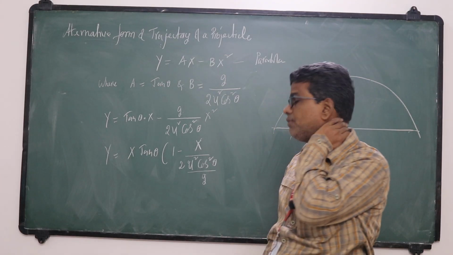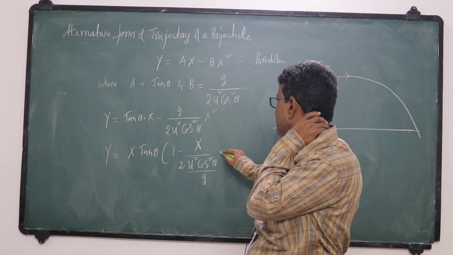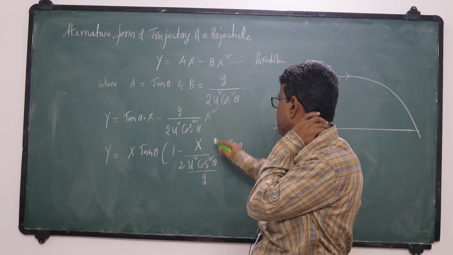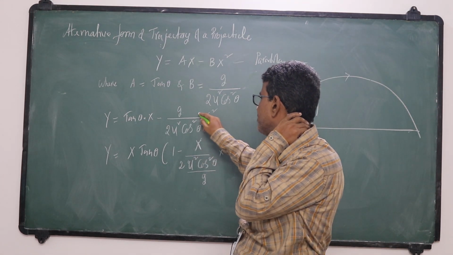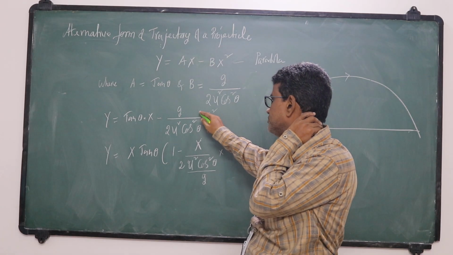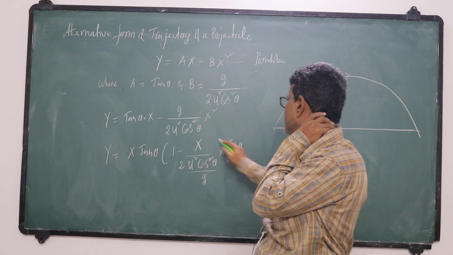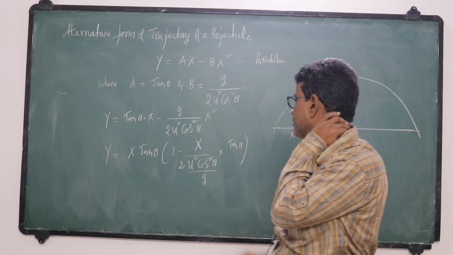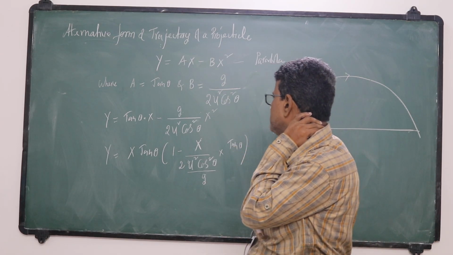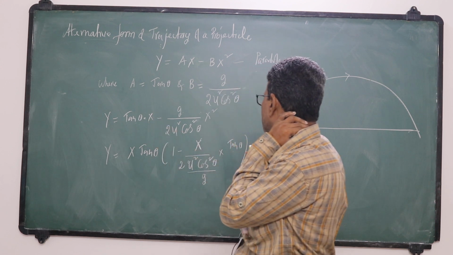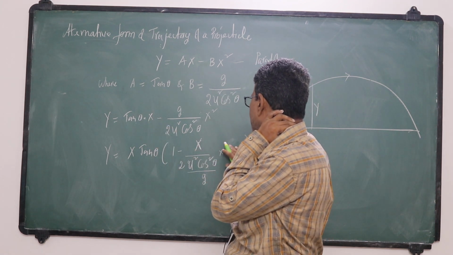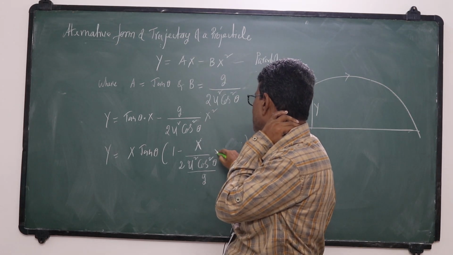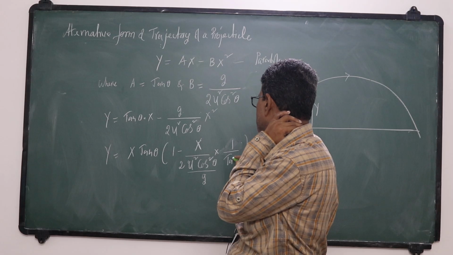Here there is no tan theta, so I multiply with tan theta, because I take tan theta as common. So I divide with 1 by tan theta.